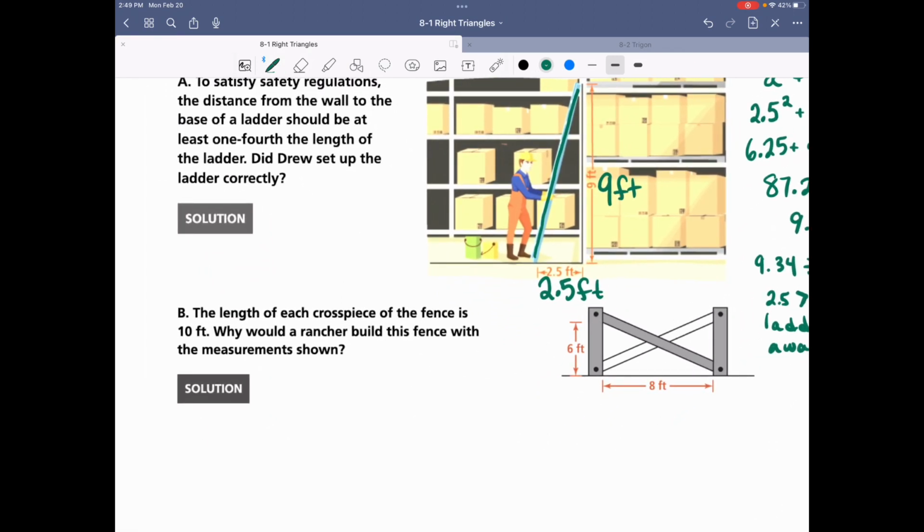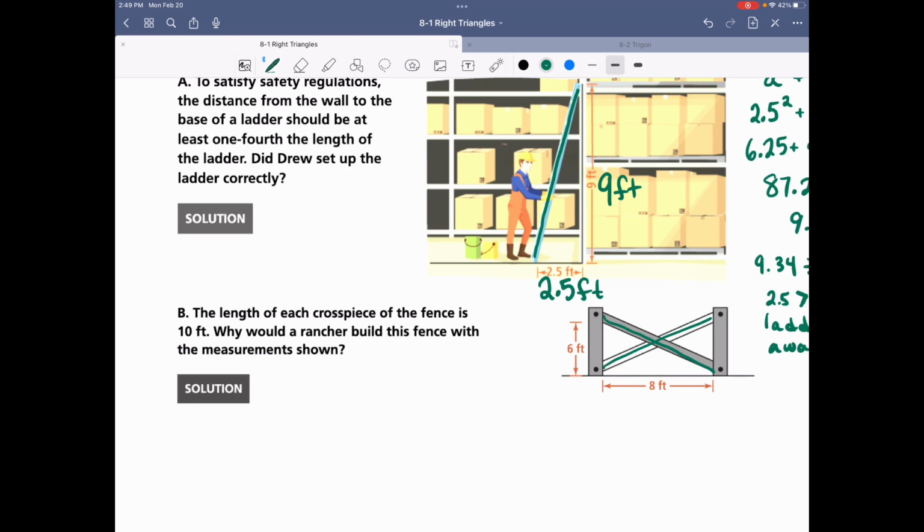For part B, the length of each cross piece of this fence is 10 feet. So this piece is 10 feet, and this piece is 10 feet. Why would the rancher build this fence with the measurements shown? What do you guys think about that?